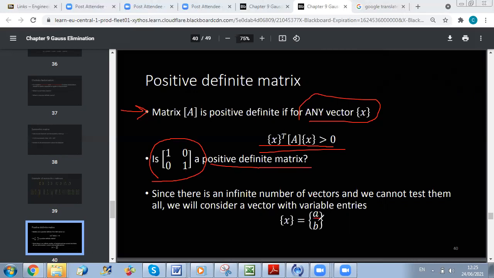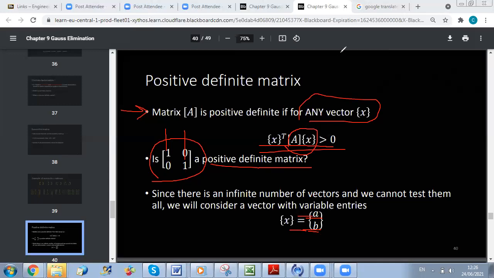So I put random values a and b. Why did I select 2 rows for x? Because when we do A times x, the condition to make it possible is that the number of columns of A should be equal to the number of rows of x. Since we have 2 columns for A, we should have 2 rows for x.